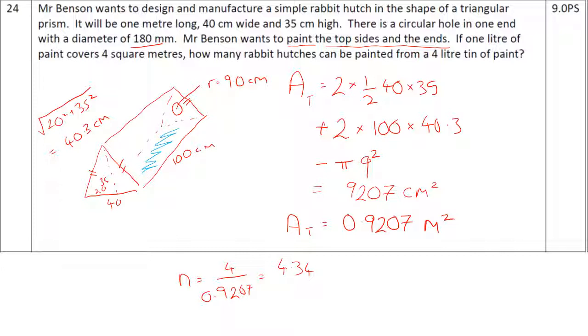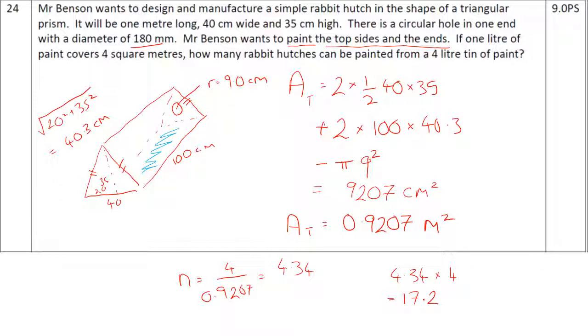But we actually want to do a 4-litre tin, so we can multiply that by 4 again. So 4.34 multiplied by 4 is, sorry, I'm doing this without a calculator because I can't find it. It is about 17. It's a little bit over 17, 17.2 or so.